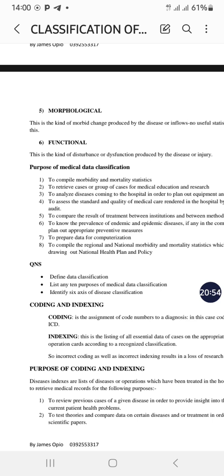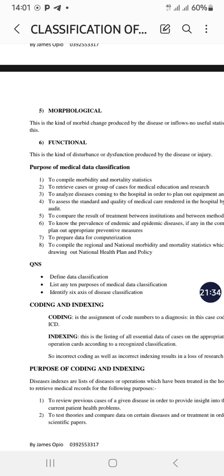And then finally we have functional axis. The functional axis is concerned with the kind of disturbance or dysfunction produced by the disease or injury. What does it mean? We look at what that disease causes to a person in terms of functionality, whether it causes a person to be disabled or any part of the body to malfunction. Dysfunction means it is not actually functioning.